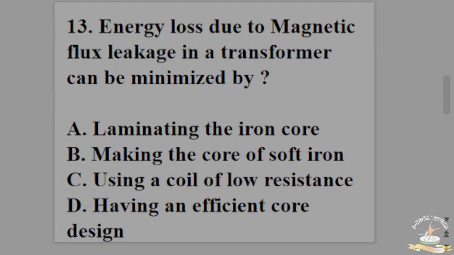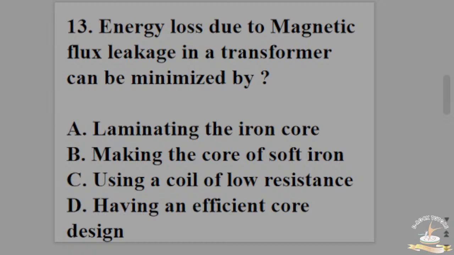Now, what distinguishes step up and step down transformers is that a step up transformer will have more turns in the secondary than in the primary, whereas a step down transformer will have more turns in the primary than in the secondary. And there are four main sources of energy loss in a transformer.